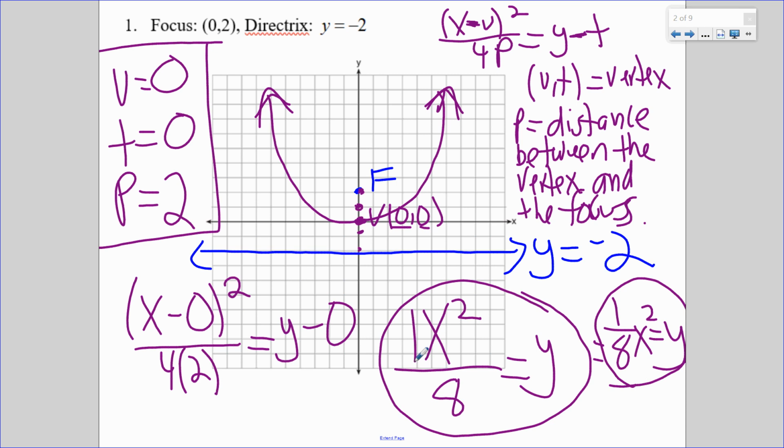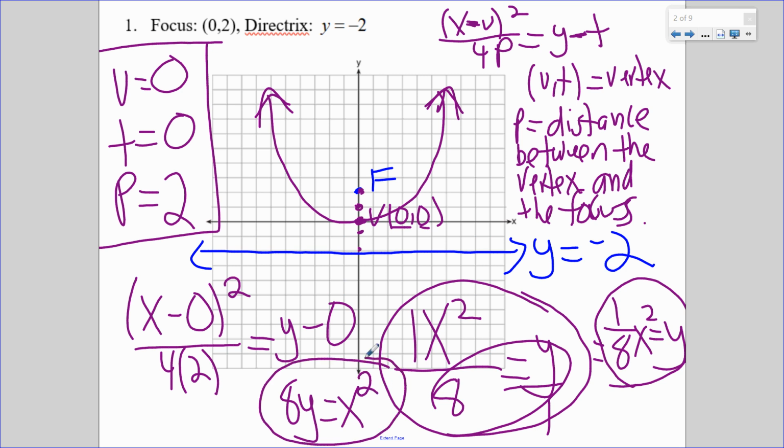Now you might have to cross multiply as an answer. And again, this is all fine, but if it's multiple choice, there's a lot of different variations you're going to see. So if I cross multiplied, I would get 8y = x squared. You might see your answer like that.